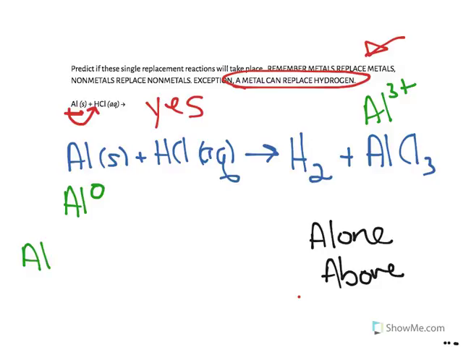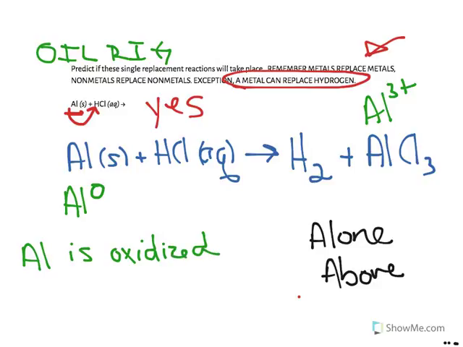Aluminum must lose electrons. And if you remember, we have this mnemonic, OIL RIG, that says oxidation is when you lose electrons and reduction is when you gain electrons. So here I would say aluminum is oxidized.